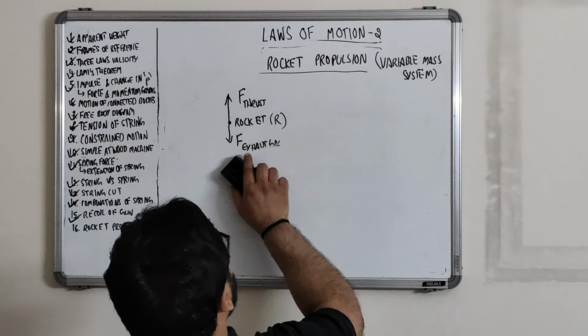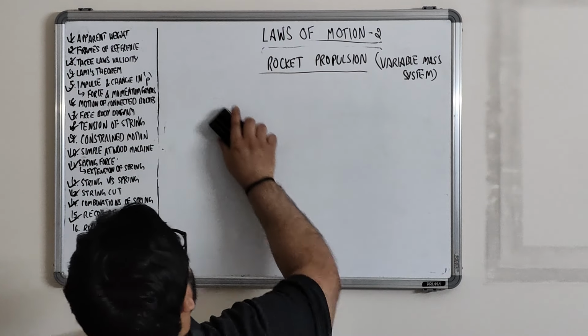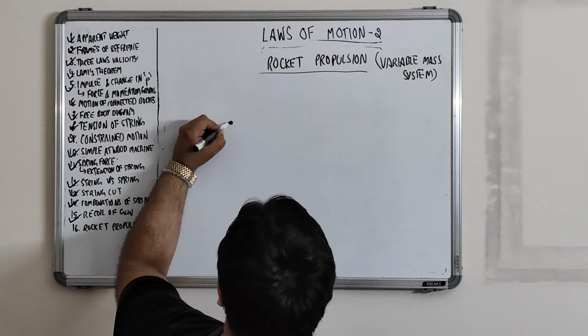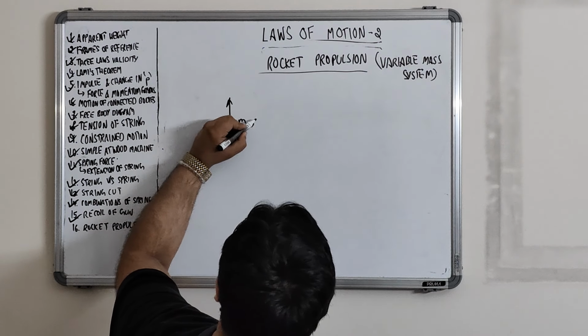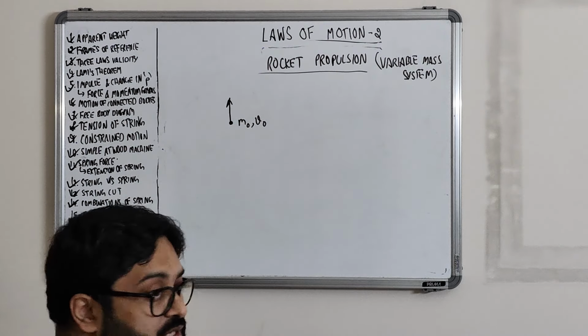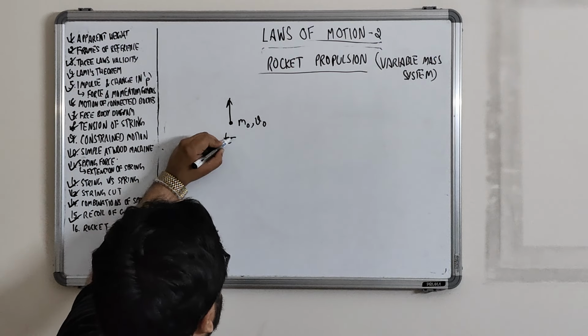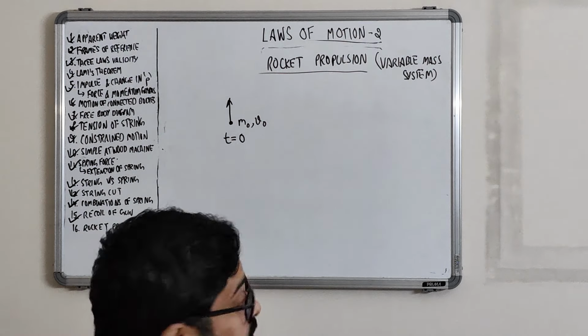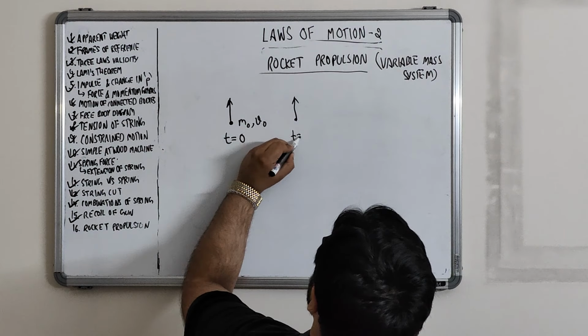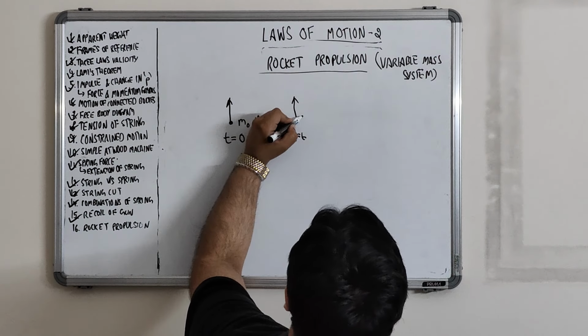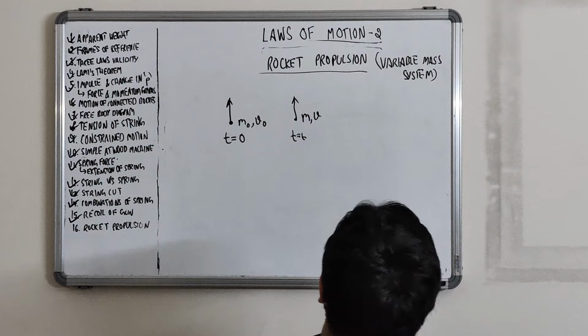How do we get all this? Let us assume at time t equal to 0 mass of rocket is m0 and velocity is v0. Then at time t equal to t, mass is m, velocity is v.